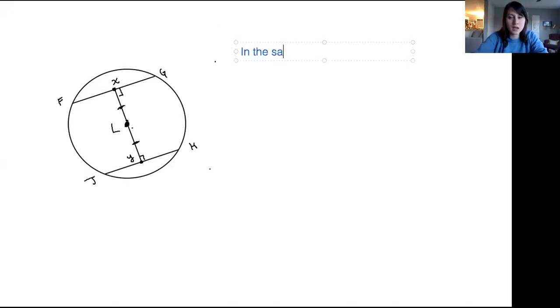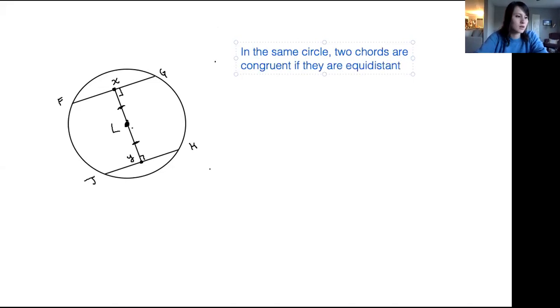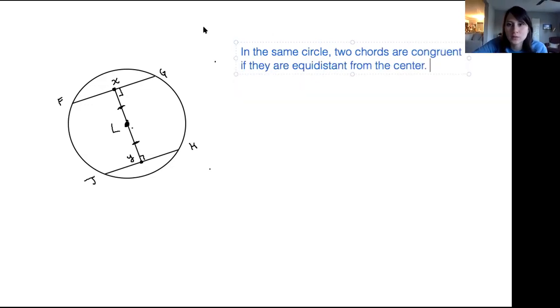In the same circle, two chords are congruent if they are equidistant from the center. And vice versa, if they're equidistant from the center, then the chords are congruent. If the chords are congruent, then they are equidistant from the center.